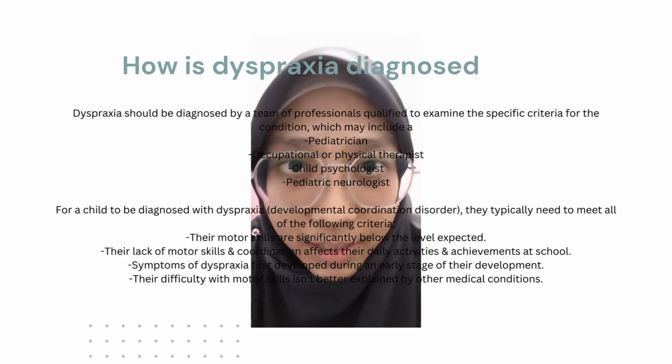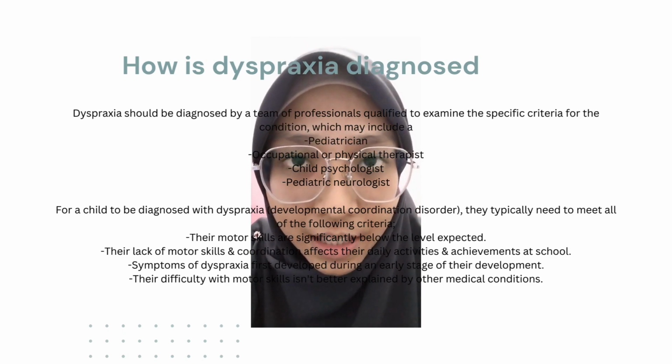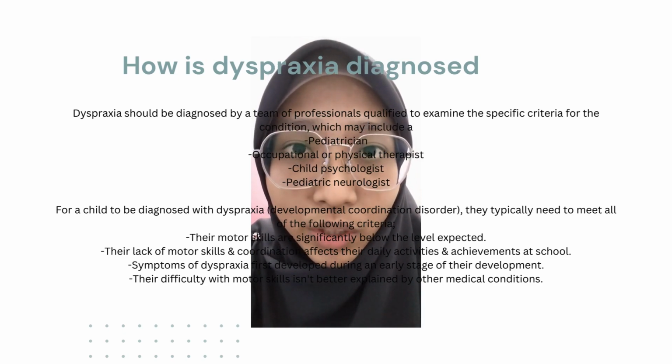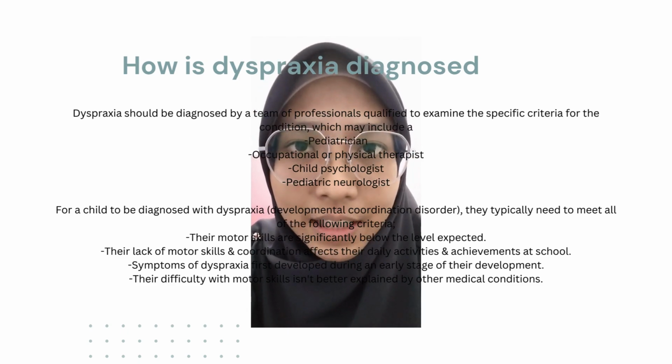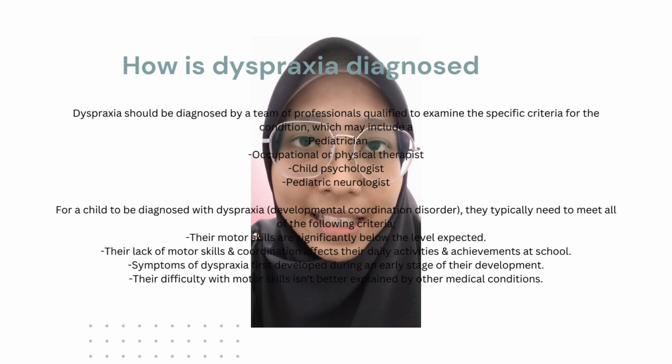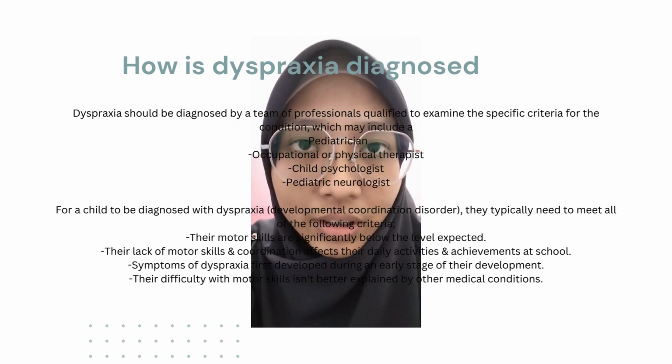How is dyspraxia diagnosed? Although signs of dyspraxia, developmental coordination disorder, are present from an early stage, they can be easy to miss, as children vary widely in their rate of development. Because of this, a definite diagnosis of DCD doesn't usually happen until a child is 5 years old or older.